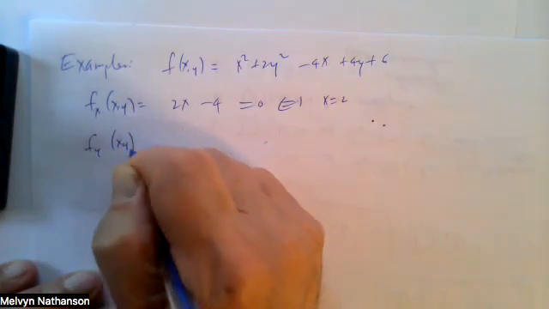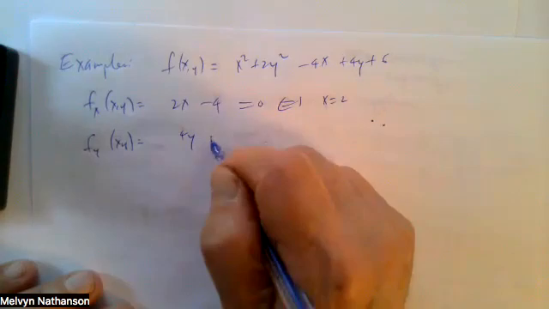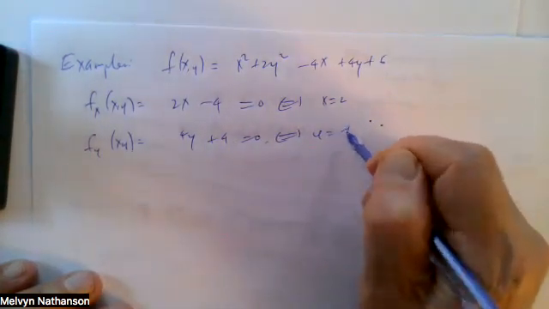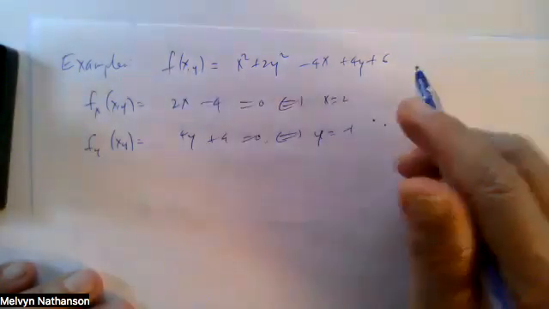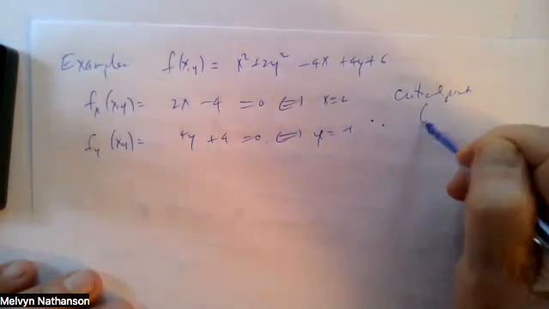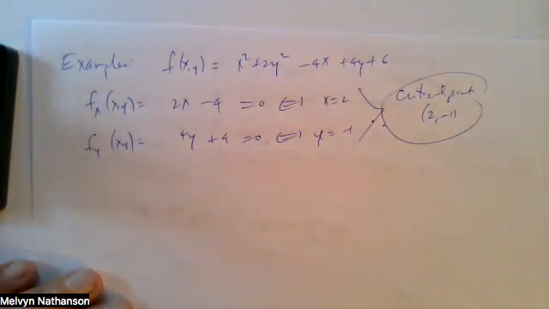Partial of f with respect to y is 4y plus 4, and that's equal to 0 precisely when y is equal to minus 1. So there's one critical point, (2, minus 1).